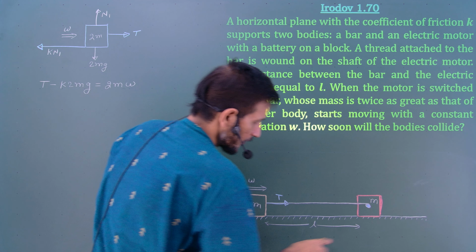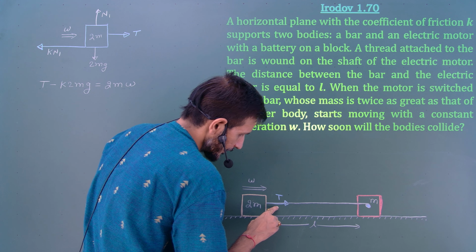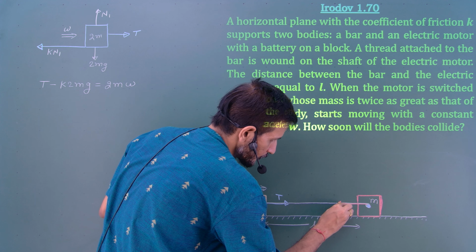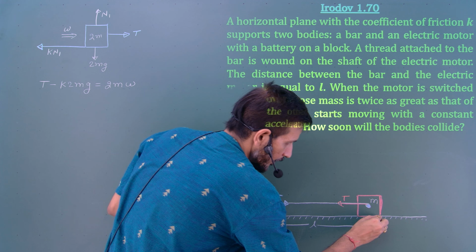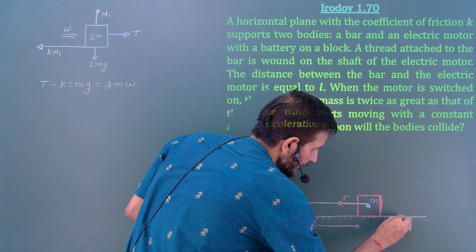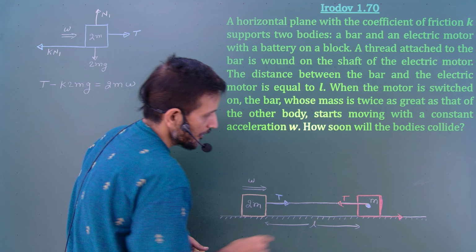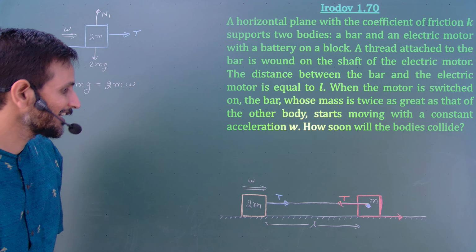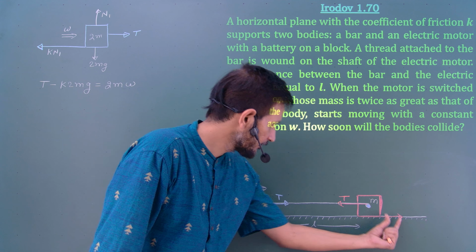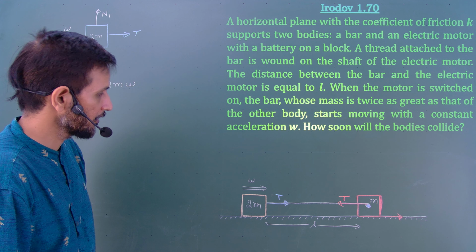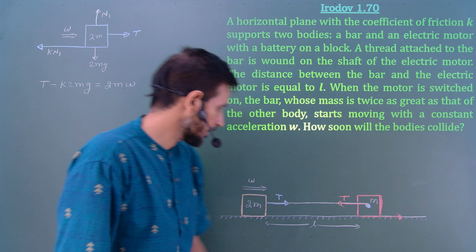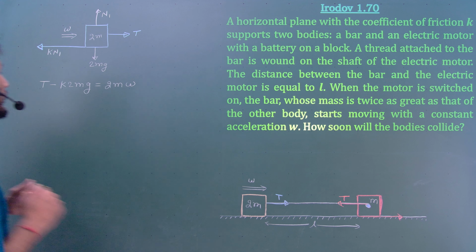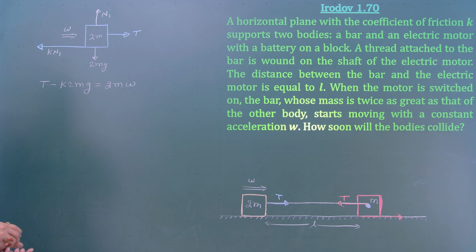Okay, but when the tension in thread is T, this T must act on this block also. So the friction force will act in this direction, and if this tension T is greater than this value, the block starts moving. For that, look at this equation.